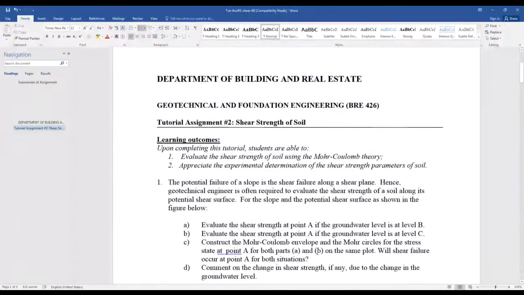Now, let us take a look for some of the solution for certain tutorial problem. Now, we will exploit, right, the discussion of this assignment to illustrate how the theory could be applied to the problem solving in geotechnical engineering. Now, under this topic, shear strength of soil.